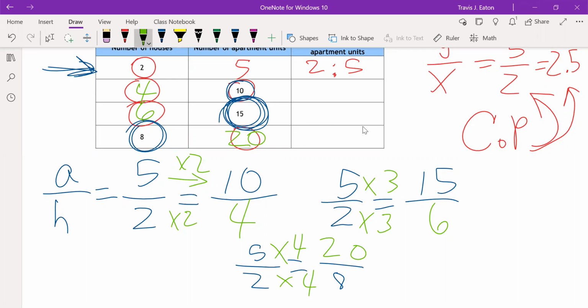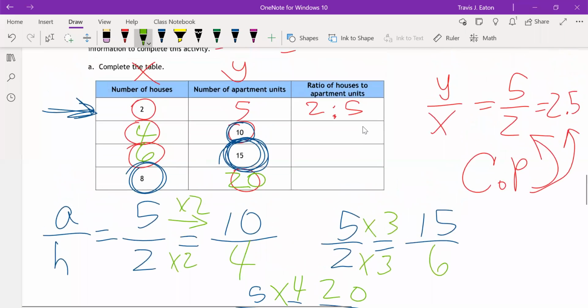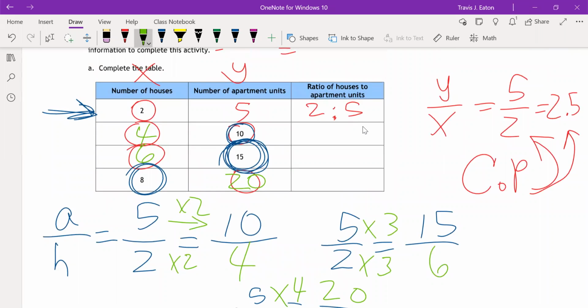Now, with that being taken care of, the ratio of houses to apartment units, well, in every one of these, houses to apartment units, this would be 4 to 10, 6 to 15, 8 to 20.